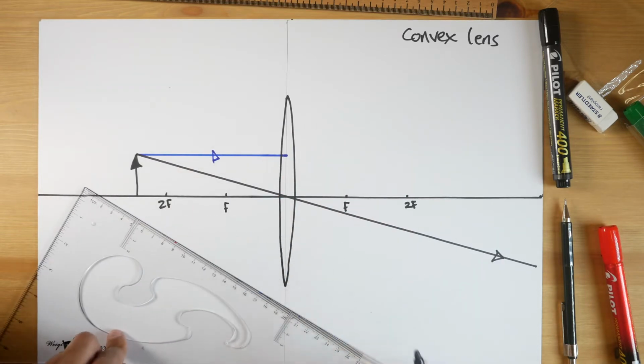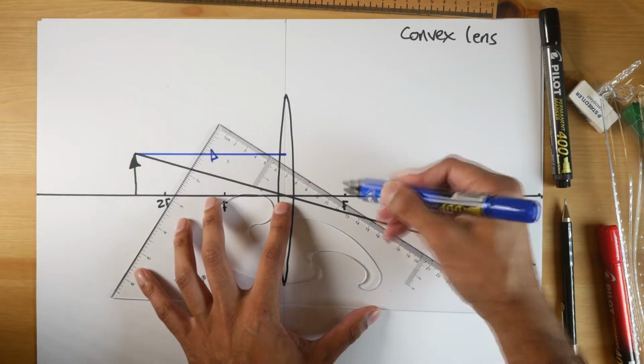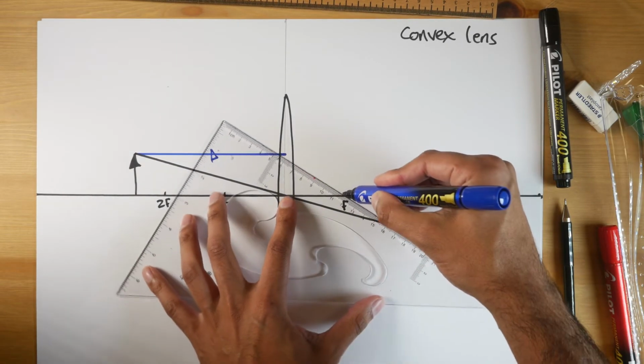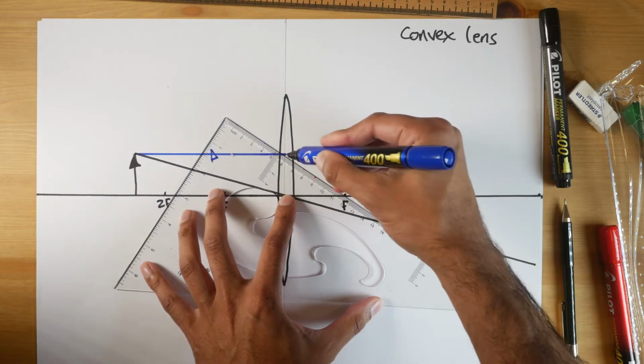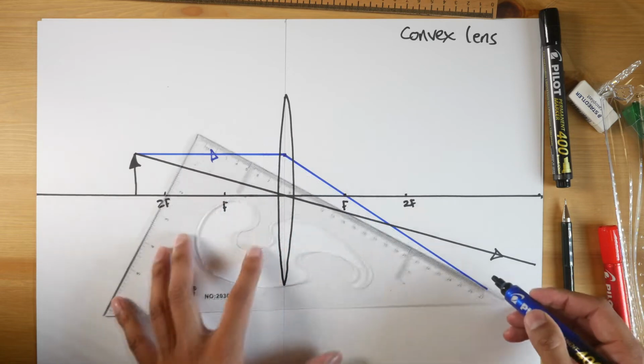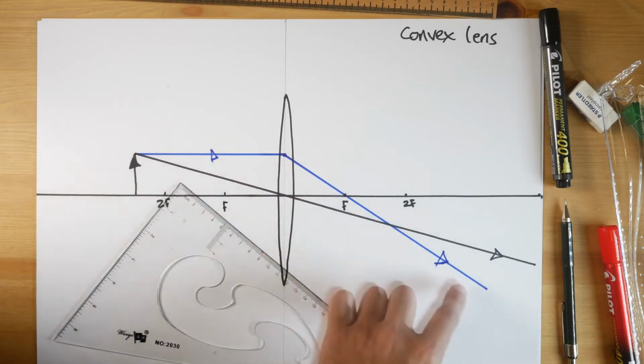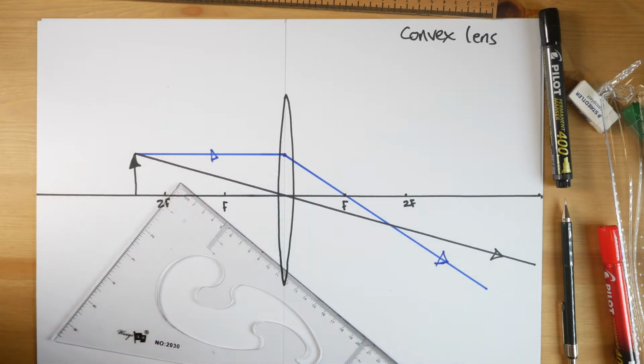And what happens is it goes through the focal point, which is down here. Like that. Give it an arrow here. So this changing of direction of the light is called refraction.